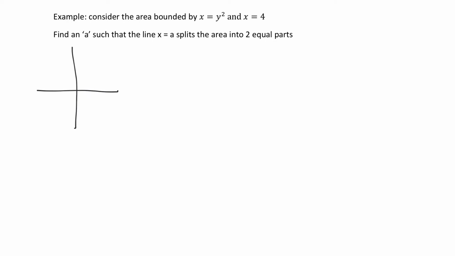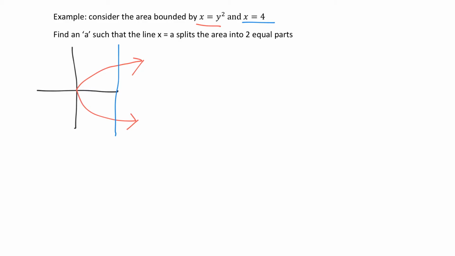We have the first one, x equals y squared, so that will be a parabola opening to the right. And we have the line here, so that's our first curve. We have our second curve, x equals 4, so that would be a vertical line.